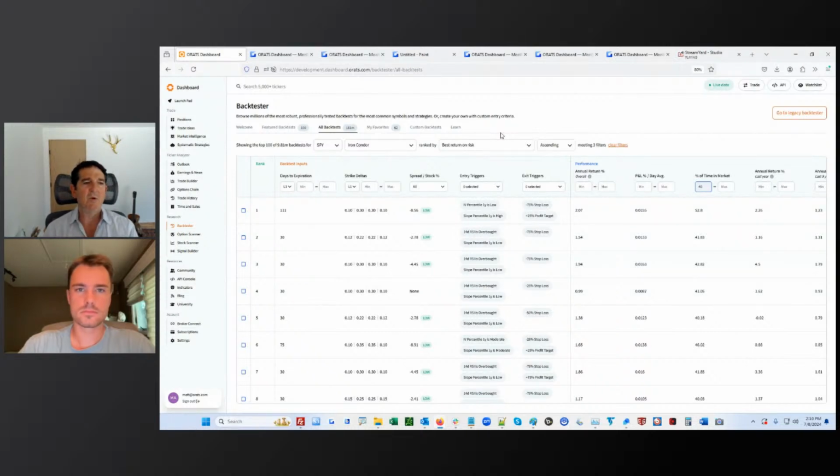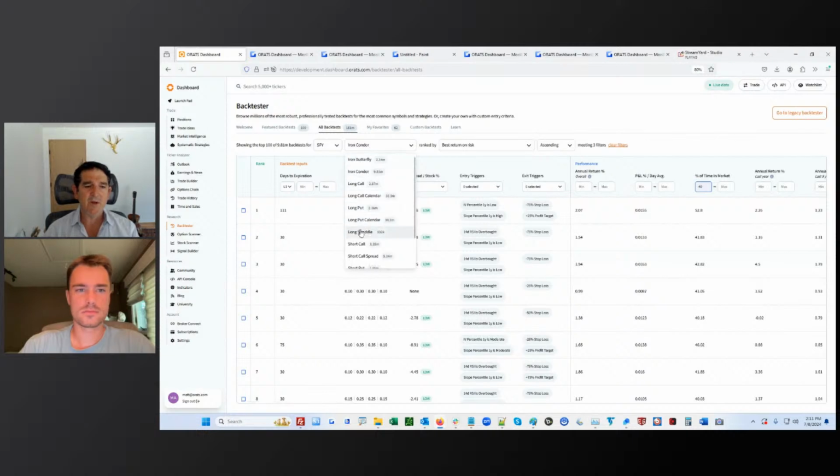And so for this, we'll go to the backtester. The backtester now has 181 million backtests in it. And so you could sort through a lot of different ones and learn a lot from this. Obviously, backtesting is no golden goose, but you could learn a lot from it.